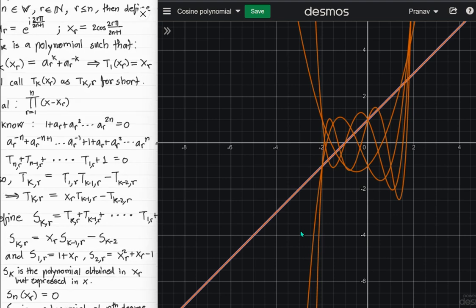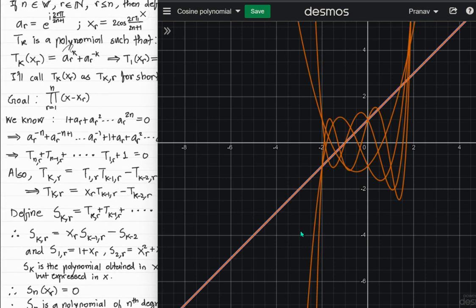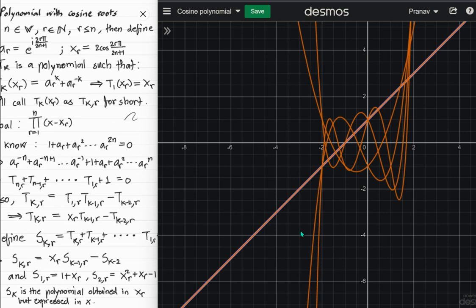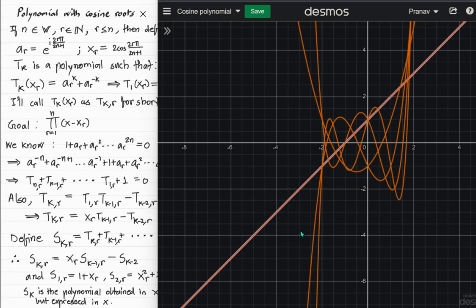So right now we don't have the actual expression, but it's still a good definition as far as this goes. It's very obvious that t sub 1 of x sub r is just x sub r, because you know Euler's theorem and all that stuff, right?